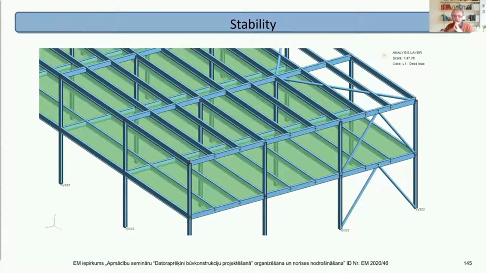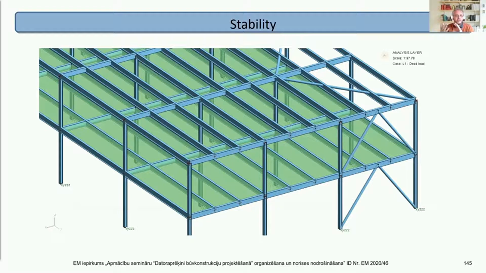So stability of the steel structure tends to be through bracing in general. And the slabs on the steel frame might be an in situ concrete slab with decking, or it might be precast concrete.